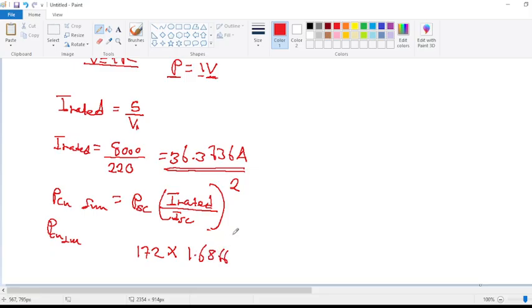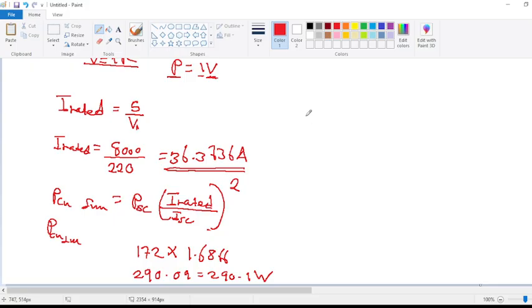Then you multiply that by 172. So we're going to have 290.09, which is 290.1 watts. So this is the copper loss at full load.